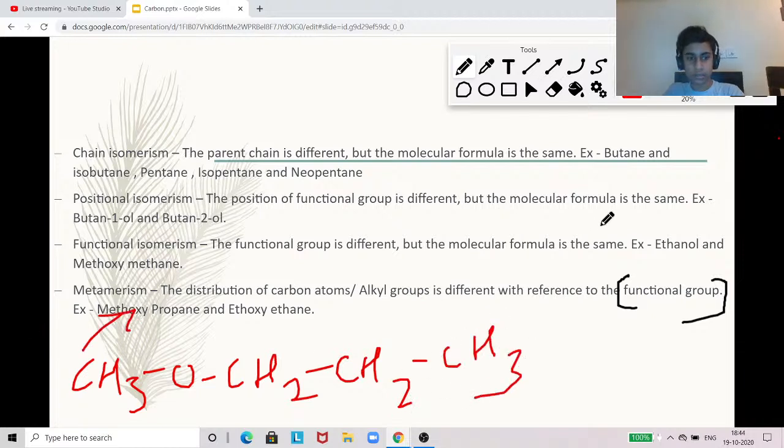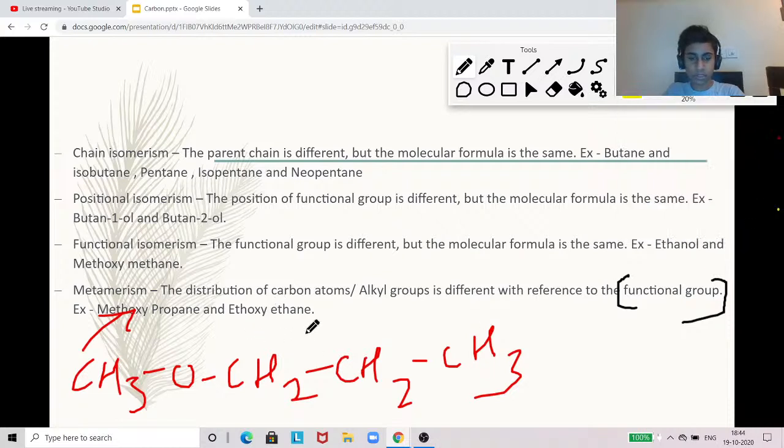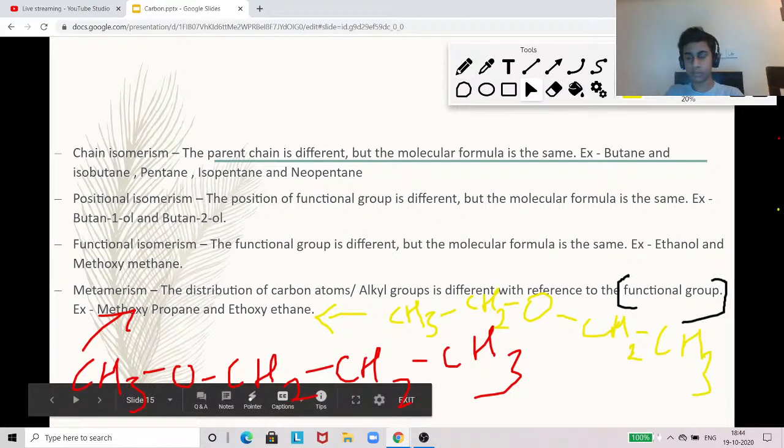Now if we look at ethoxyethane, which is simply the same thing, CH3 CH2 O CH2 CH3. Ideally, it's just that the oxygen is in a different place. So this is known as metamerism, and it's very similar to position isomerism, as we can clearly see.